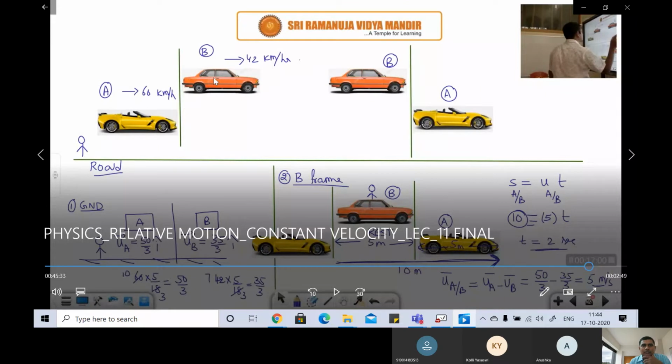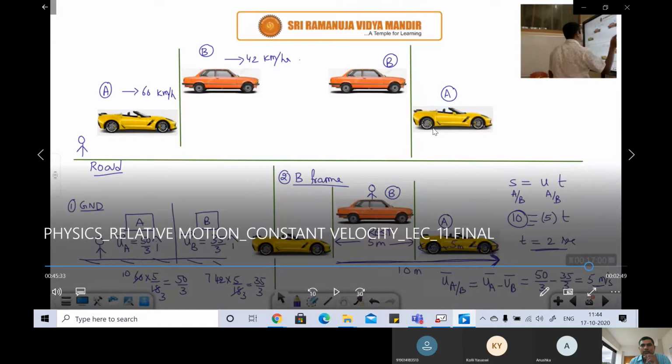When you stand on the ground, you will observe B also moving, A also moving. And overtaking has happened when A has fully overtaken B, correct? This is the final position.